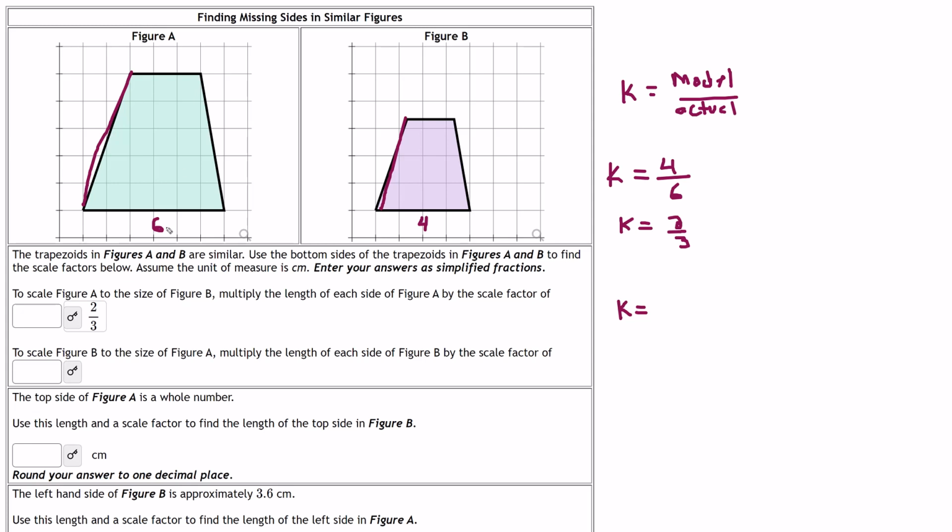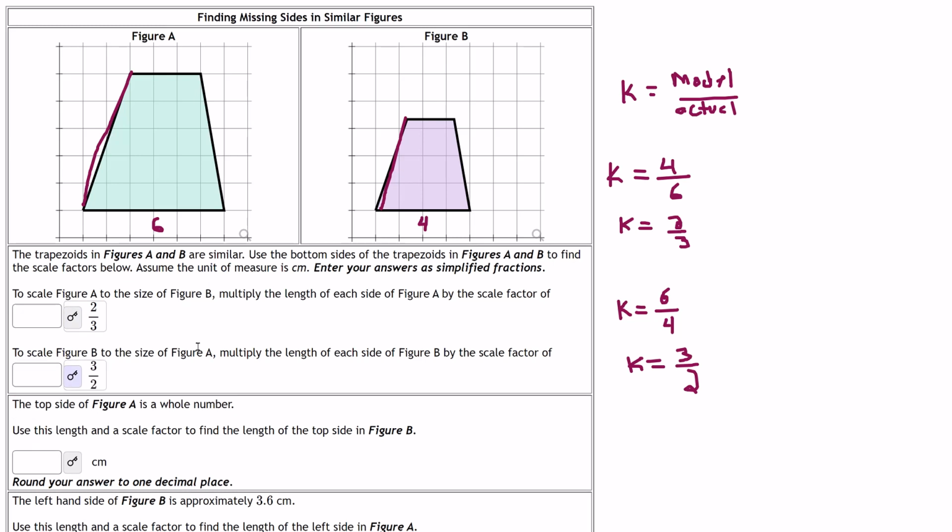The model in this case is the one I'm turning it into, so the 6. And the actual would be the 4. So now I'd simplify that too. We divide both by 2, and we get 3 over 2. You see how we just flipped those around? 2 over 3 one way, 3 over 2 the other way. That'll always be the case when you go from one to the other. So this one would be 3 over 2.